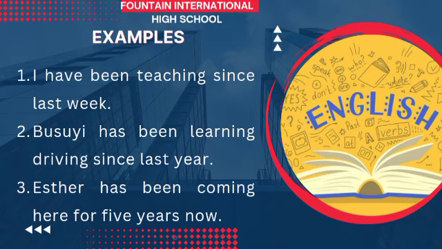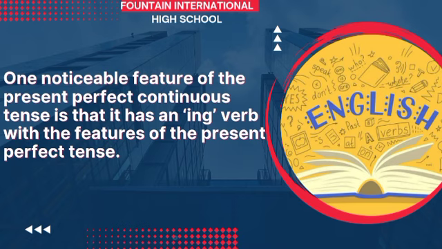So take note that one notable feature of present perfect continuous tense is that it has an ing verb, along with the features of the present perfect tense that we have mentioned before. So present perfect continuous tense is an action that started in the time past, and then still continues till the moment you are talking, so that you can see the action still going on.